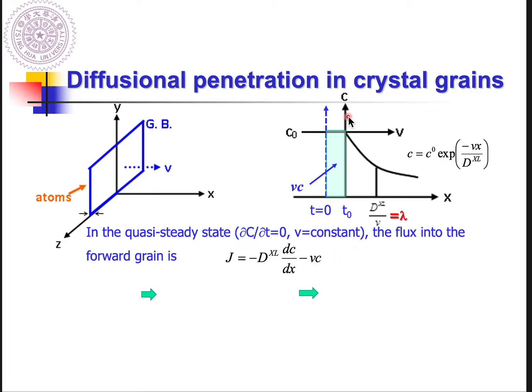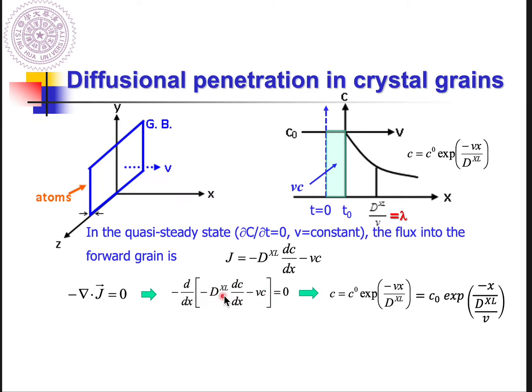So we need to subtract this extra flux to get the modified flux, which is really passing into the forward grain. Because we also assume it's quasi-steady state, the flux should equal a constant. So this flux will be constant, and as long as it is constant, you can solve for C as a function of X location.